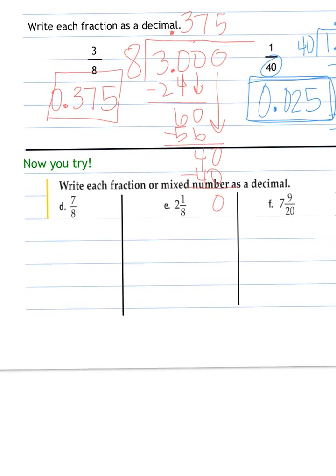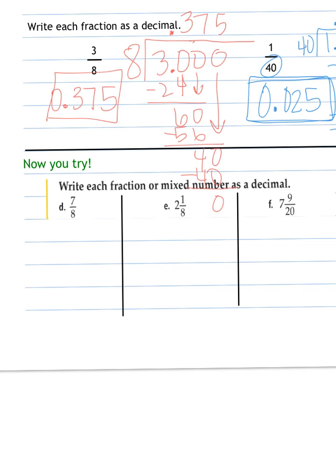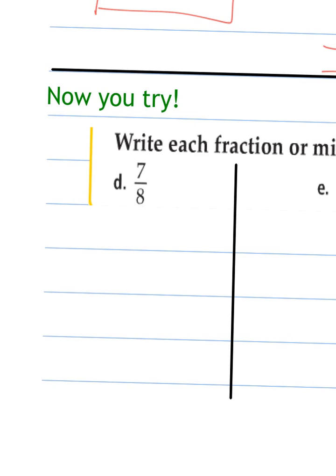All right, there are a few for you to try and then come back and check your work. First one here, 7/8. Again, the denominator goes outside the division bracket. 8 does not fit into 7, so I add a 0 and bring my decimal up. 8 goes into 70 8 times, which is 64.